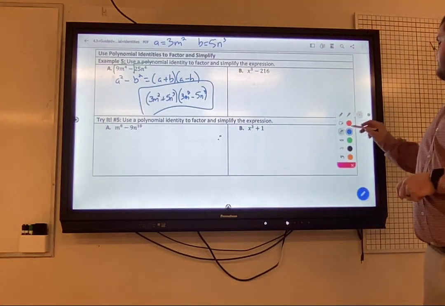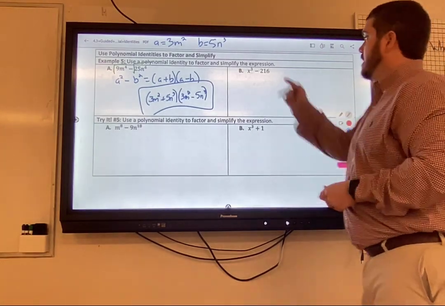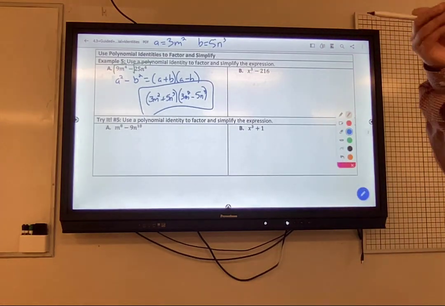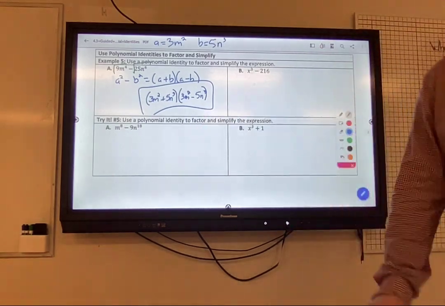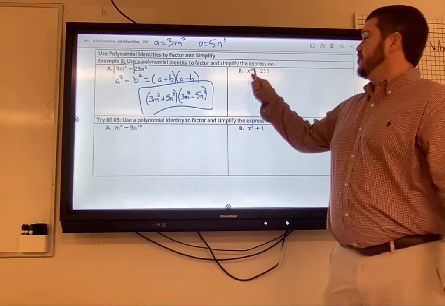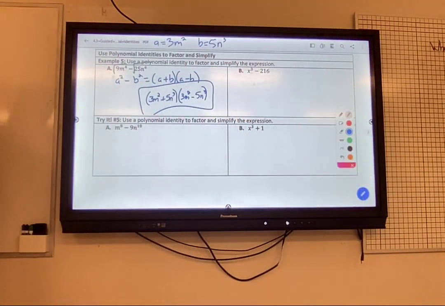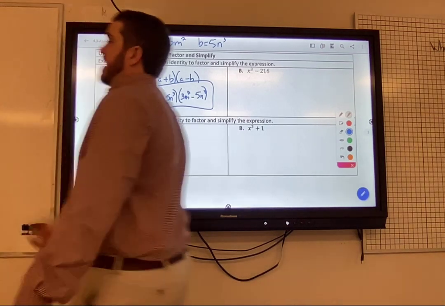Last one. Look at part B. Isaiah, I got x cubed minus 216. Which one of these identities do you think we might can use if it's got a cube in it and it's got a subtraction sign in it?